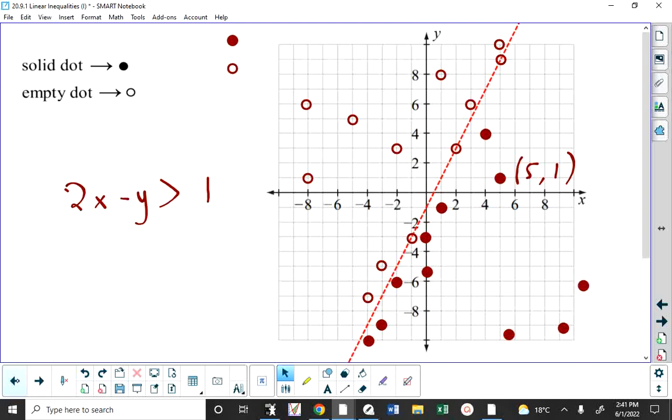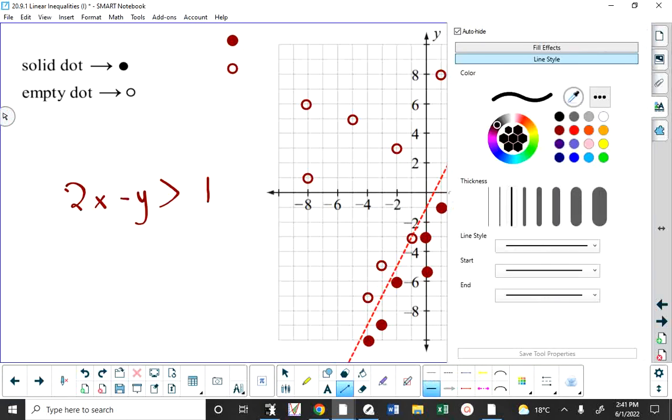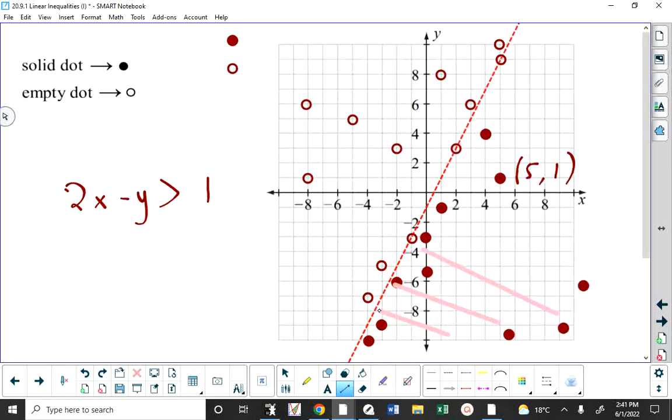And typically speaking, how that's shaded is entirely up to you, but I'll just use a different color so you can see it. It might be shaded like this. So it isn't that it's a domain of x's or a range of values of y. It's a solution space. It's a two-dimensional region of space where every point in that region in space is a solution.